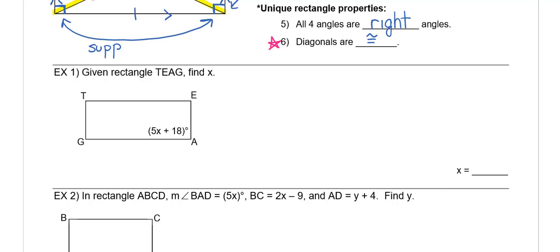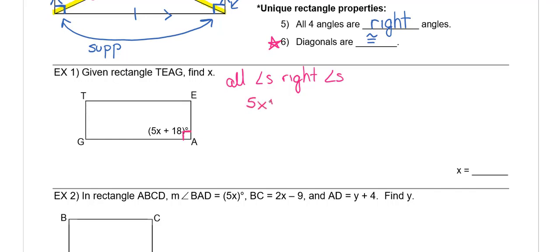So again, even if it doesn't ask us to state the if-then statement, we still want to be able to look at our problem and determine the property that we know. So in this one, we want to find this angle in rectangle T, and we know the property of rectangles very well, that all angles of a rectangle are right angles. So that means that this angle down here is a right angle, meaning it's 90 degrees.